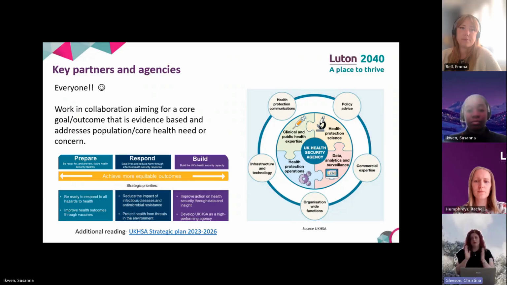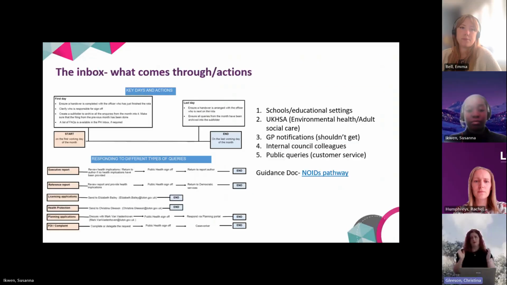In public health, the way it works for the team is that queries and questions come into our public health inbox. We as a team have a process by which queries come in, and depending on who's managing the inbox, they will respond or escalate accordingly. So this is our process, and these are the kind of queries that we get coming into us.